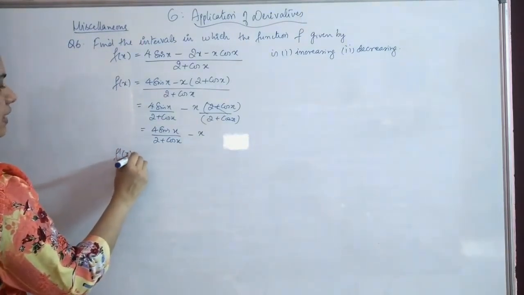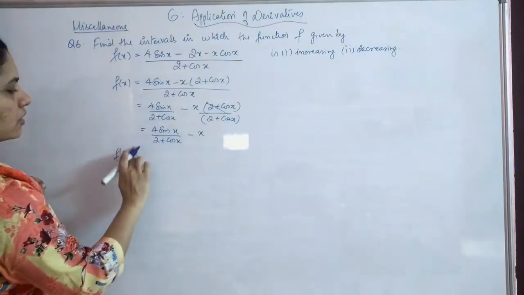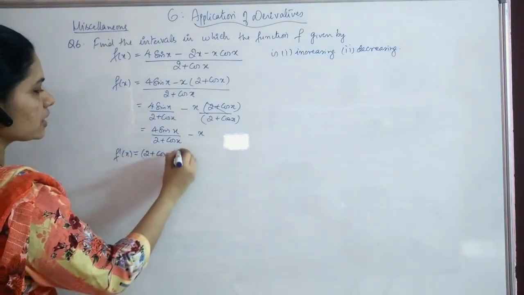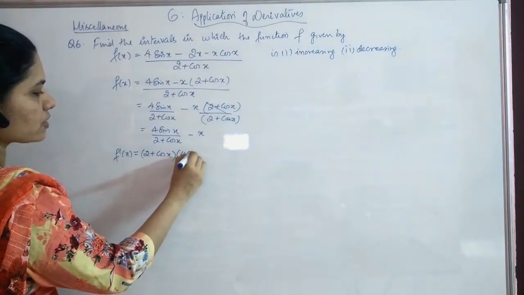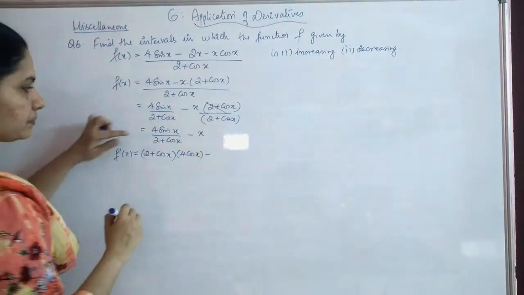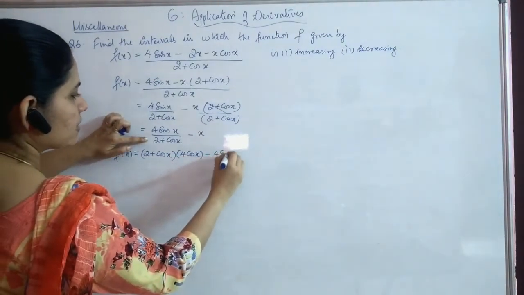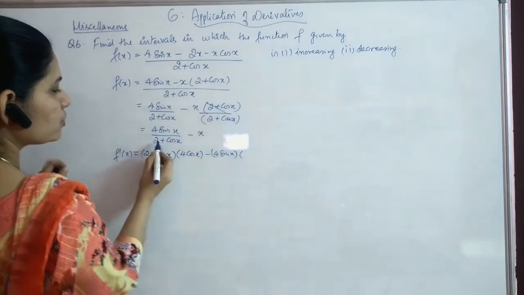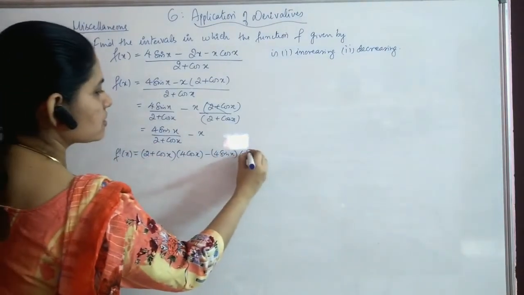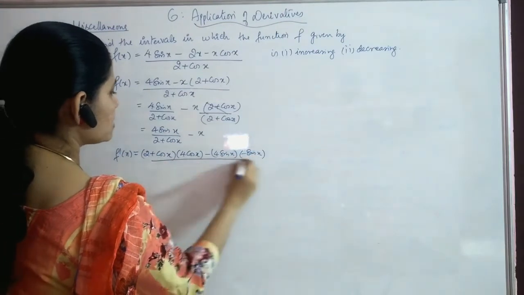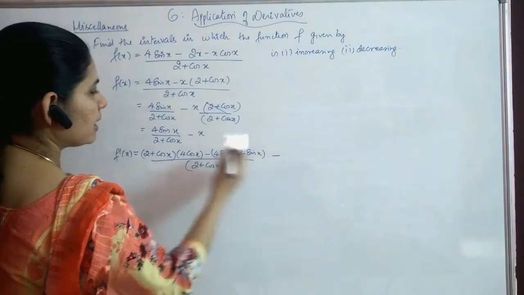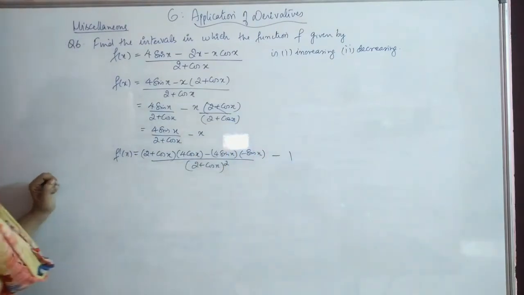What is f dash of x? Here you can use your quotient rule. 2 plus cos x, that is v, into the derivative of u will give you 4 cos x minus 4 sin x, that is u, into the derivative of this, which will give you, 2 is a constant and the derivative of cos is minus sin, divided by 2 plus cos x the whole square, minus the derivative of x, which is 1.